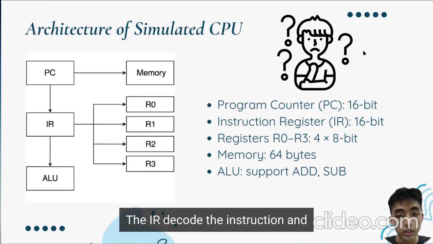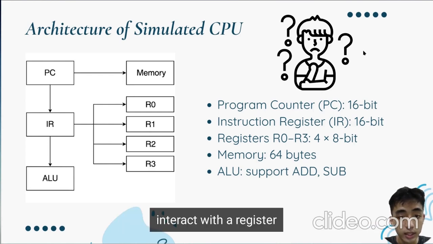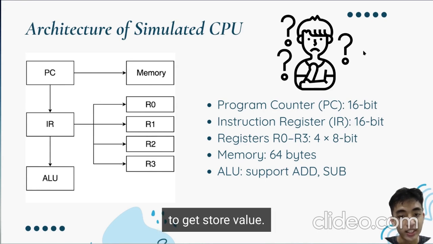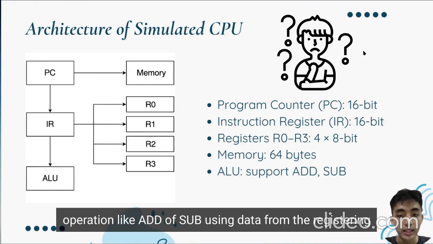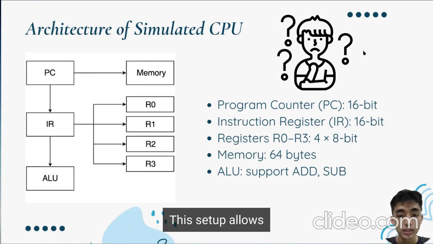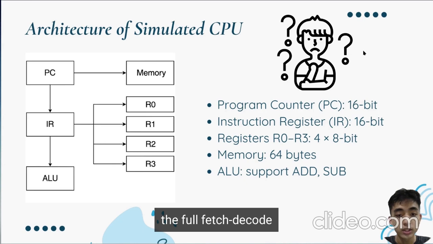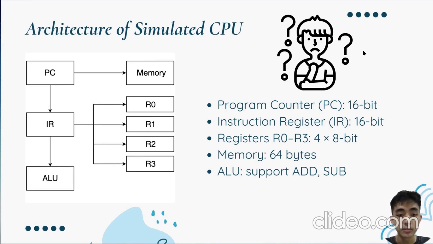The IR decodes the instruction and interacts with registers R0 to R3 to get stored values. Other operations like ADD or SUB use data from the registers. The steps are similar to the fetch, decode, execute cycle.